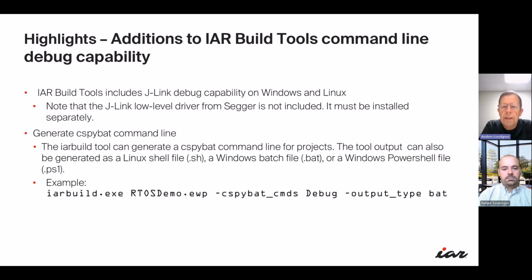So there is a shortcut here that allows the IDE to actually generate a Linux shell file, .sh, or a Windows batch file, .bat, or a Windows PowerShell file, .ps1. That will ease the work of setting up this command line, to move directly on to using the command line instead of the IDE for running cspybat.